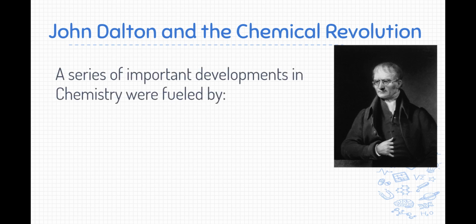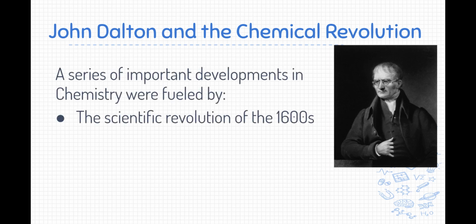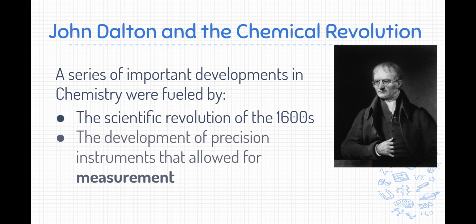And it occurred for a few different reasons. The first was the mathematical and the scientific groundwork that occurred in the 1600s. And the second was a technological advance, and that was the development of instruments that were incredibly precise relative to what they had previously.